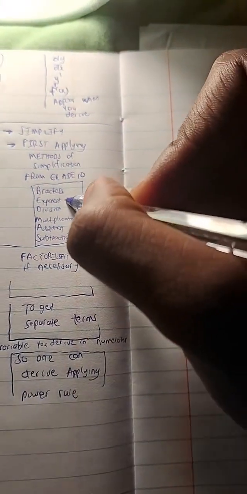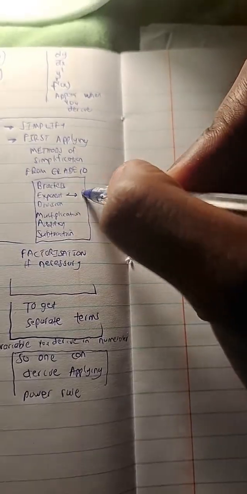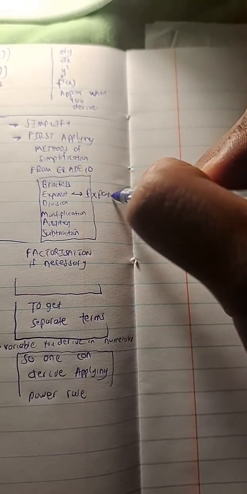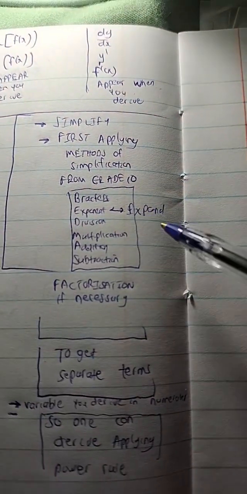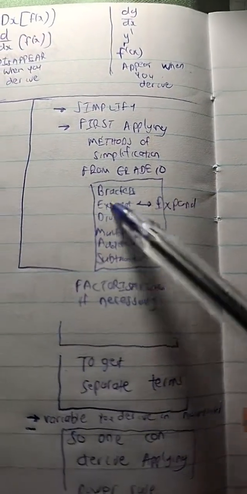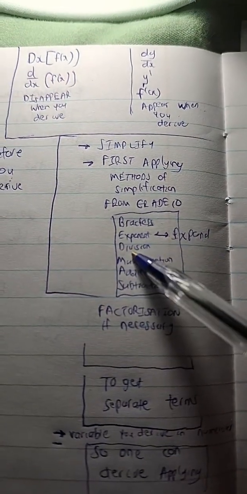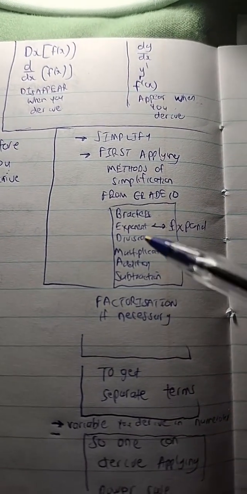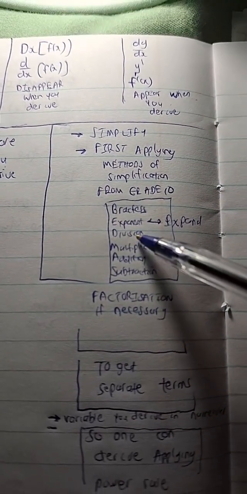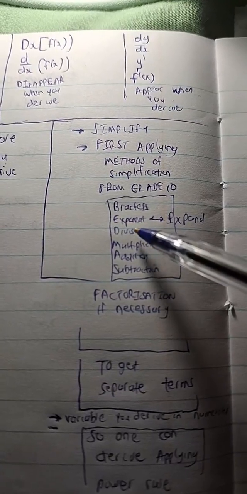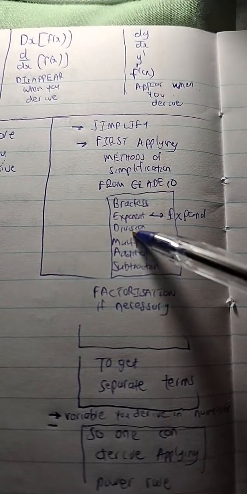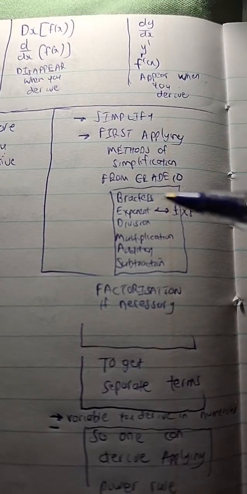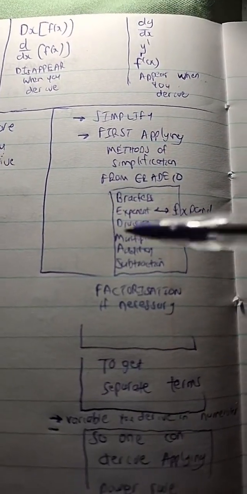Often, application of exponents means that if there are brackets and exponents, you need to expand. Division, please guys: when there is a fraction of two expressions, there are certain rules we need to apply. Sometimes we need to factorize the numerator, factorize the denominator, and then simplification happens.